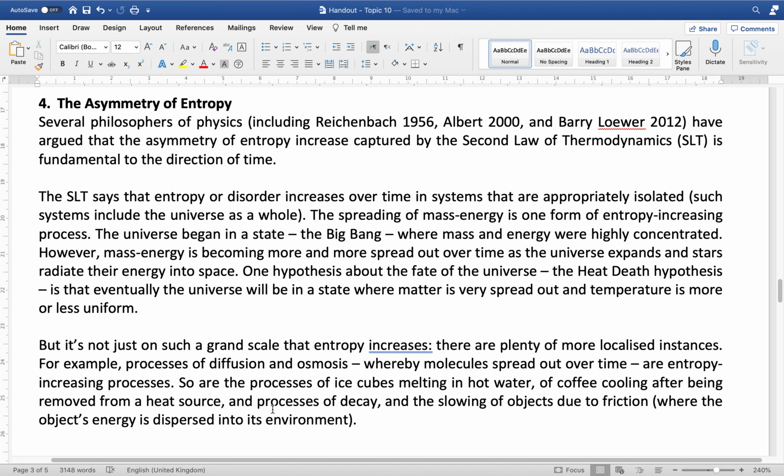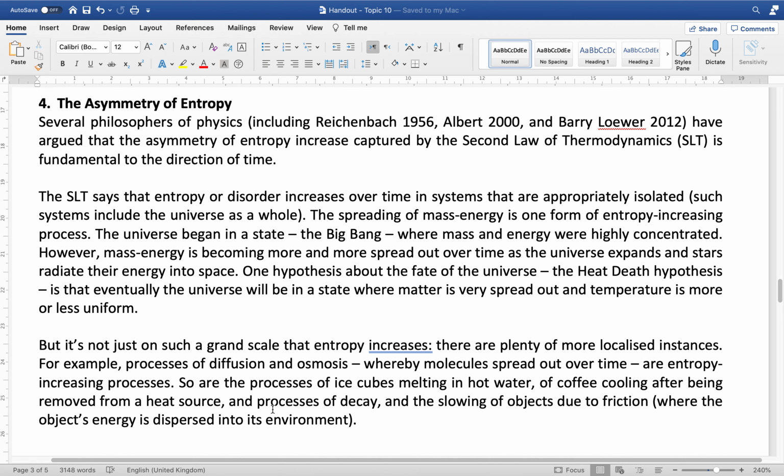Several philosophers of physics, originally I think Hans Reichenbach, more recently David Albert and Barry Loewer, have argued that the asymmetry of entropy captured by the second law of thermodynamics is fundamental to the direction of time.